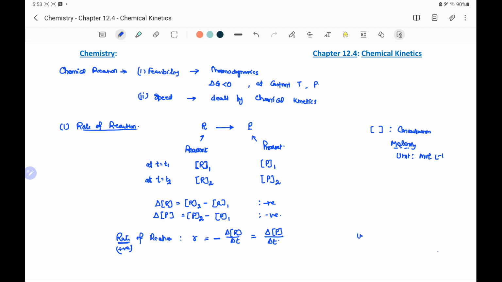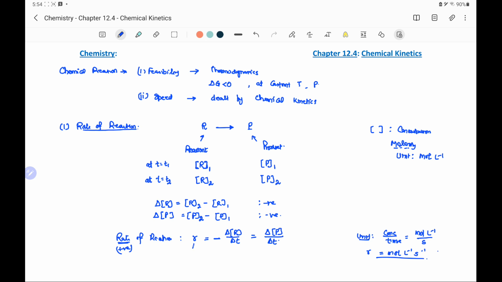Therefore, the unit of the rate of reaction is the concentration divided by the time. The unit of concentration is mole per liter and time is second. So the unit of the rate of reaction r is mole per liter per second.